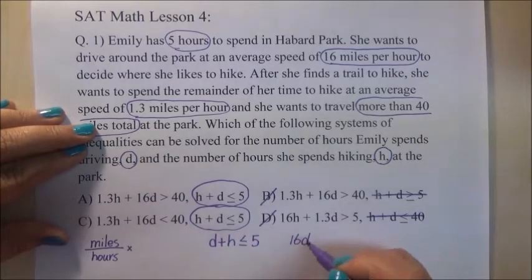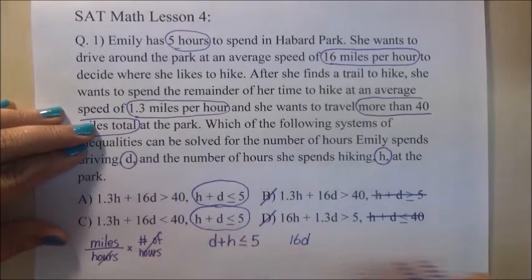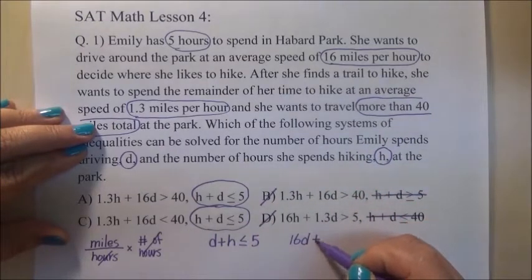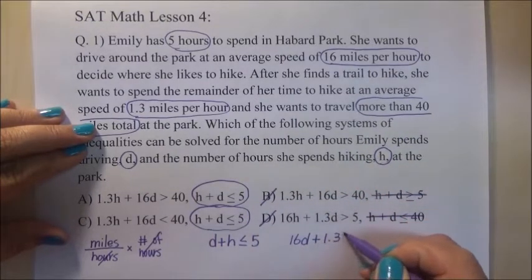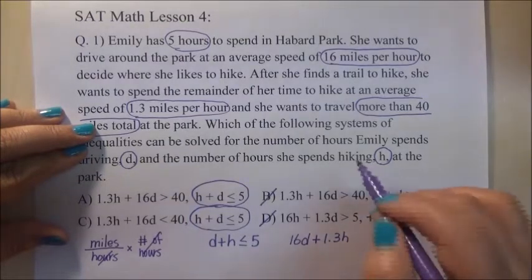So D is the number of hours she's gonna drive. So the hours are gone, so this is gonna be miles. So 16D is the number of miles she's gonna drive, and same thing as hiking, plus 1.3 times H. 1.3H means the number of miles she's gonna hike.